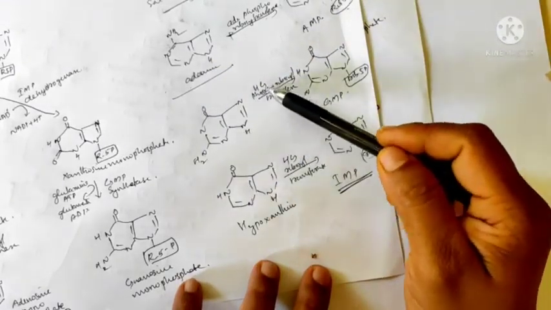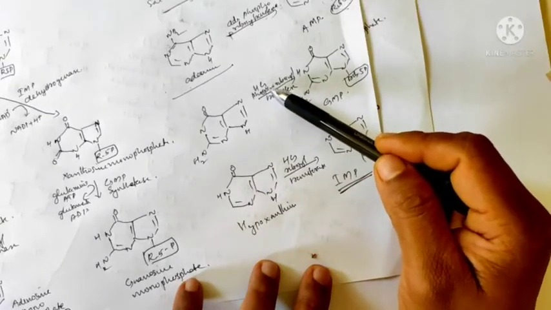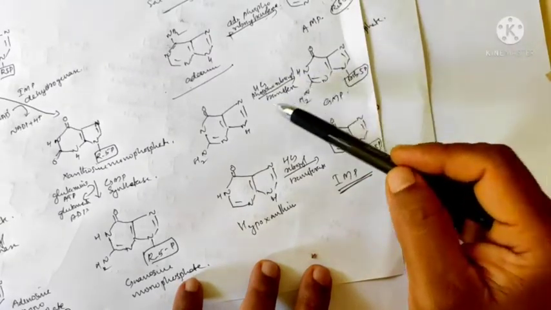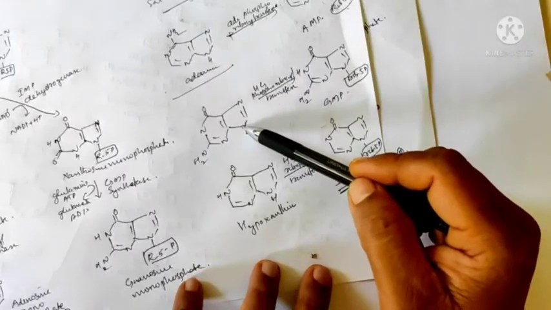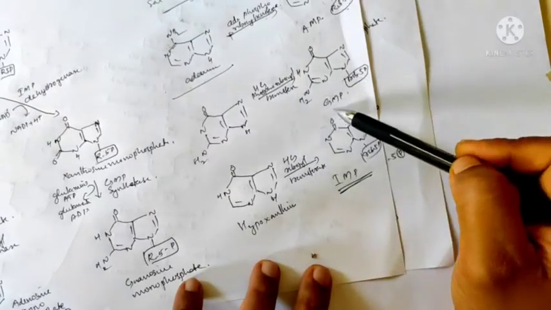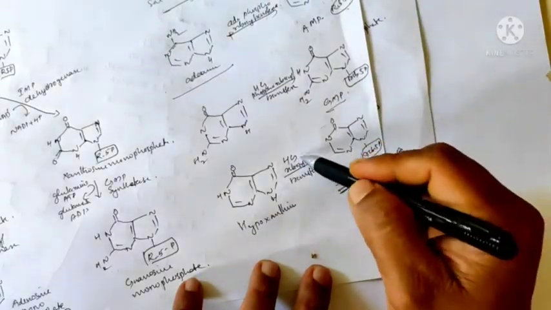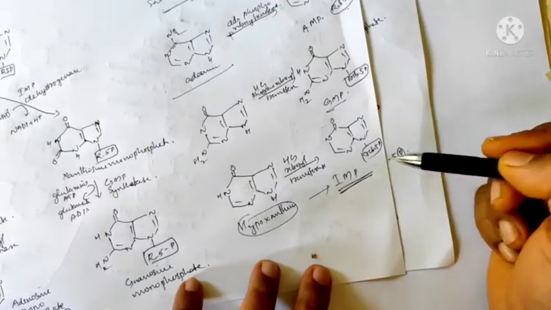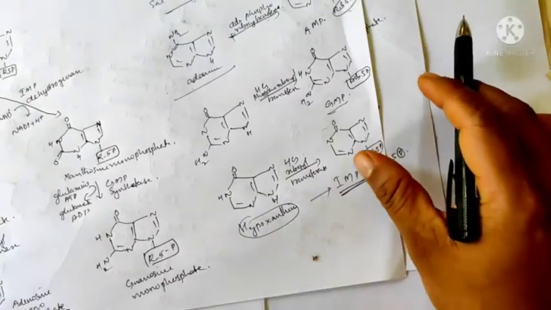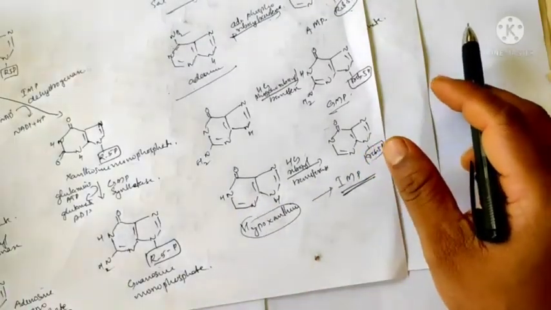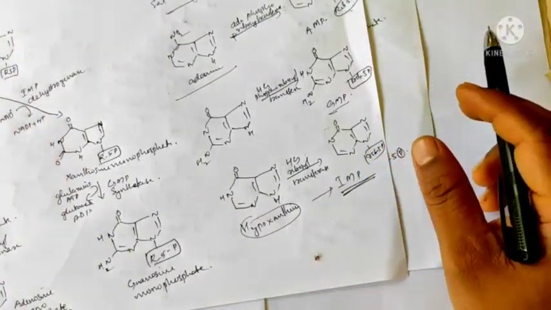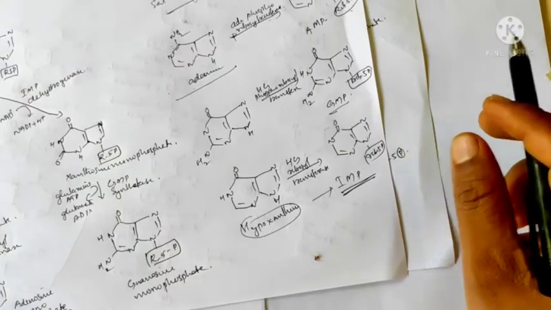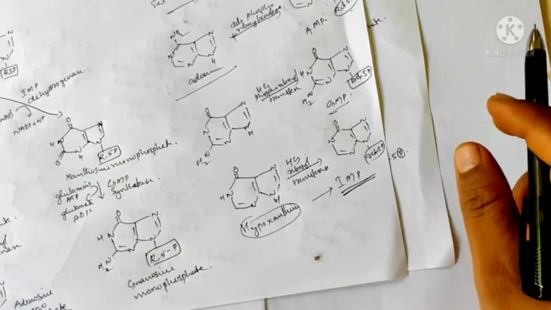Similarly, for guanine, enzyme hypoxanthine guanine phosphoribosyl transferase transfers a ribosyl 5-phosphate to the 9th nitrogen, so that it will get GMP. Similarly, ribose 5-phosphate is transferred to hypoxanthine to get inosine monophosphate. Okay, this is the salvage pathway of purine nucleotides.